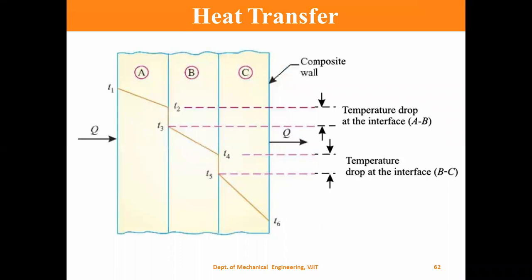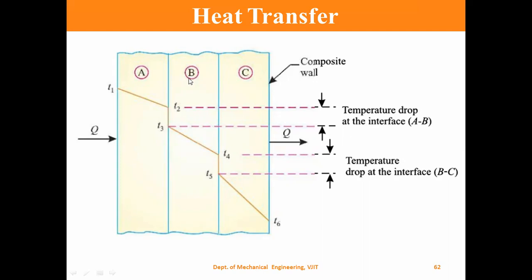So something like this. If there is any air gap or mismatch between the slabs A and B, initially we assumed that there is only one temperature T2. But because of this air gap or unevenness, there is a temperature drop between A and B. In the earlier derivation, we assumed that there is no temperature drop, that they are perfectly matched. So there is a temperature drop at the interface.